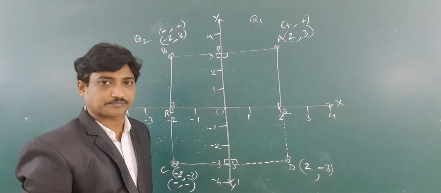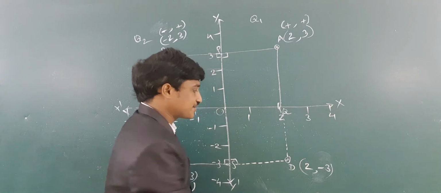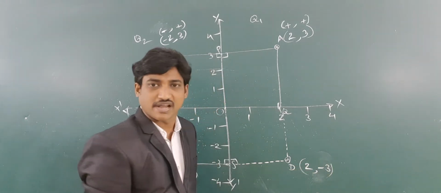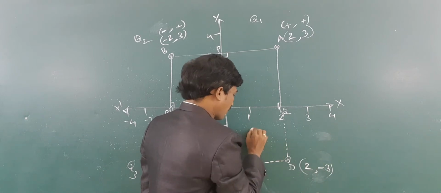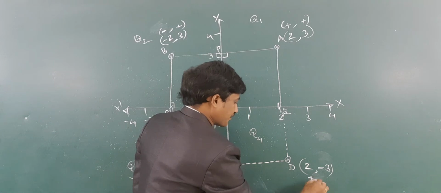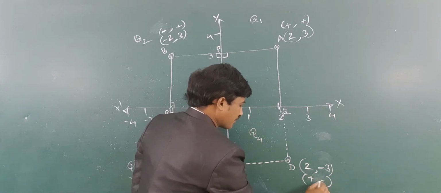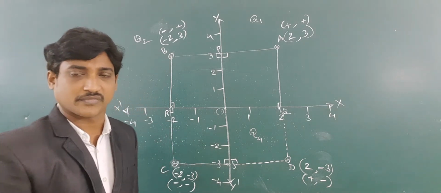So the coordinates of the points in the fourth quadrant, Q4, have the sign plus and minus: x coordinate with positive sign, y coordinate with negative sign.